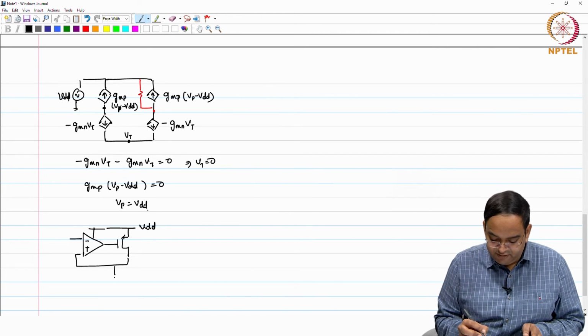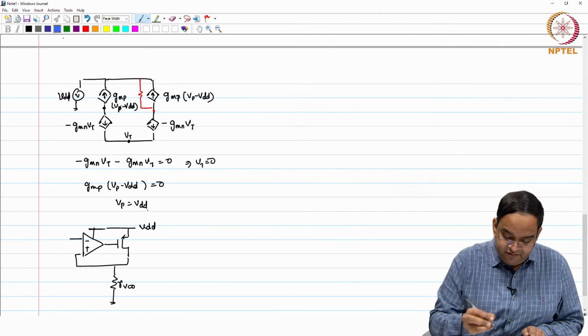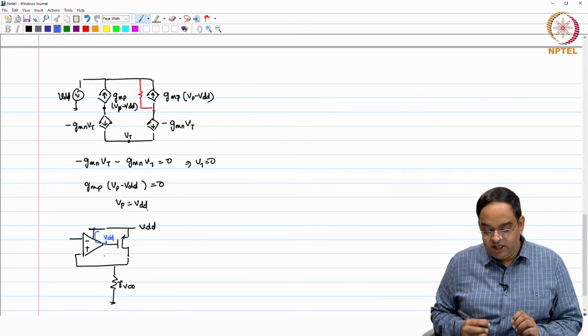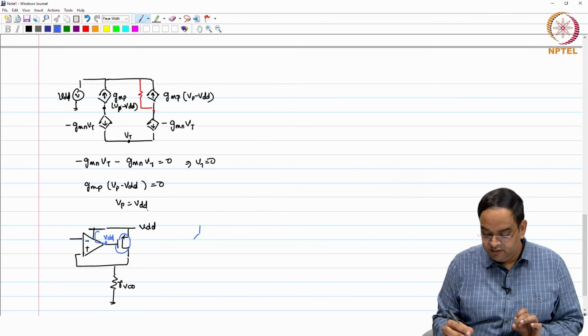Okay, and you have effectively the VCO resistance R VCO, which we talked about in the last session. So, through the amplifier, what you are going to get here is ideally VDD itself. When you have a PMOS and the source is at VDD, so we are looking like this.